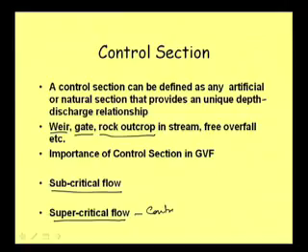If we fix something downstream, that will not influence the supercritical flow upstream. So in supercritical flow, control is always at the upstream. If anything we do downstream, that will not influence the supercritical flow.